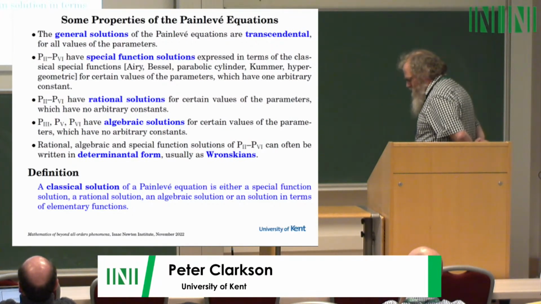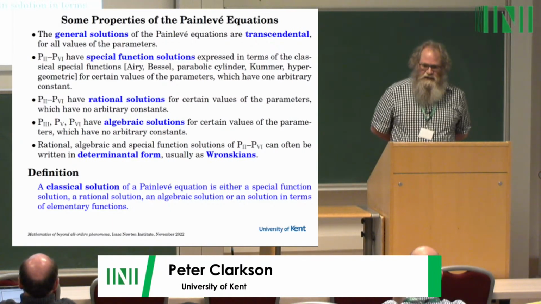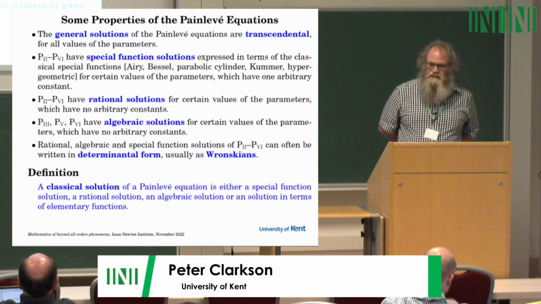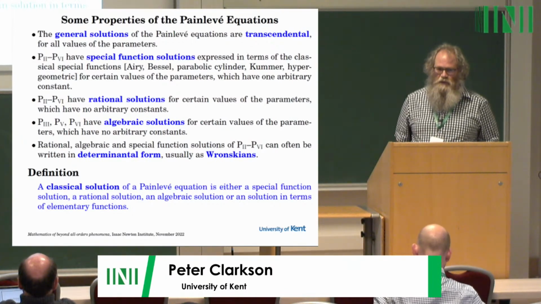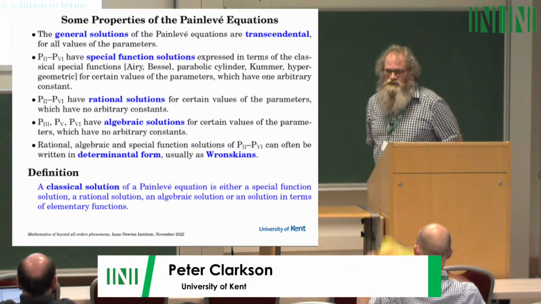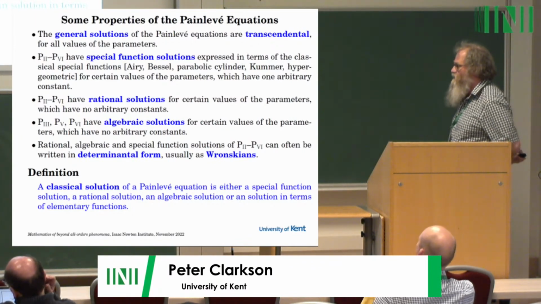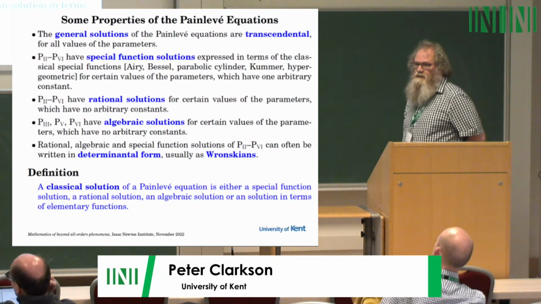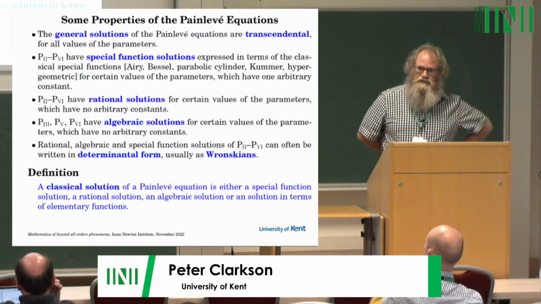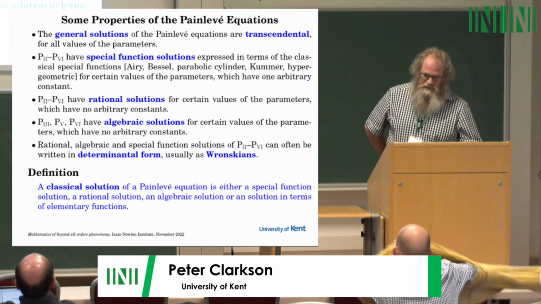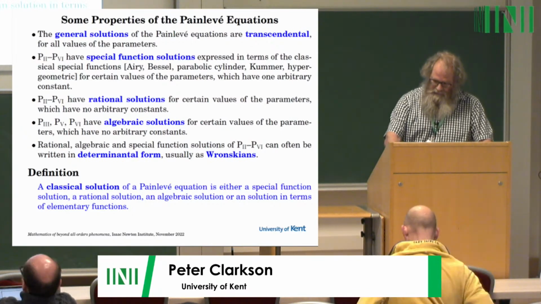And one of the things about these is that commonly these solutions can be written in terms of Wronskians and certainly in forms of determinants. They're not every one of them, though. There's still one or two that are missing where we don't know the determinant. And so I'm going to say a classical solution of the Painlevé equation is either a special function solution, a rational solution, an algebraic solution, or a solution in terms of elementary functions, such as gamma functions and exponentials.